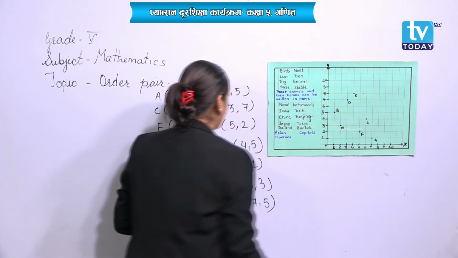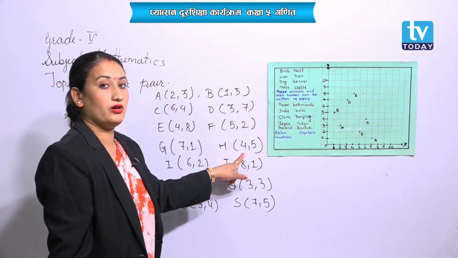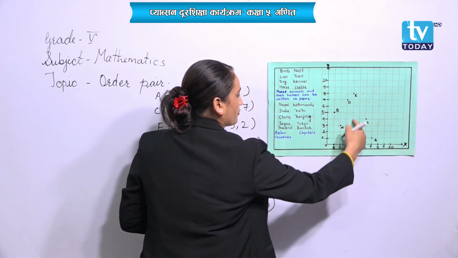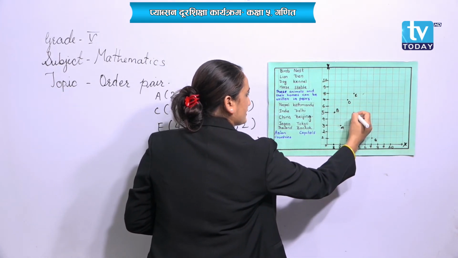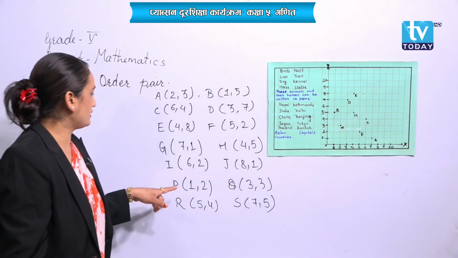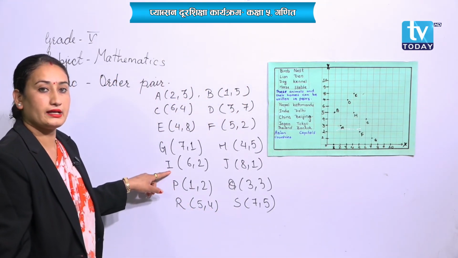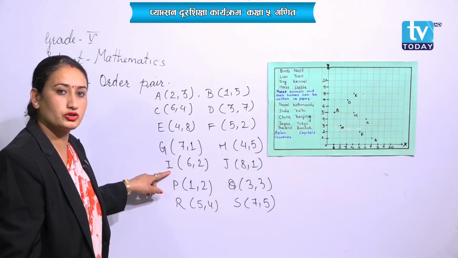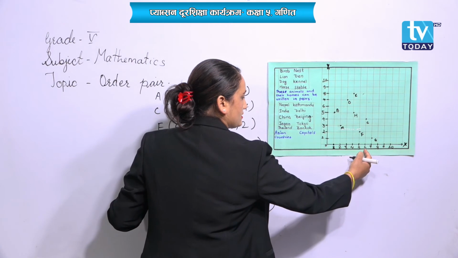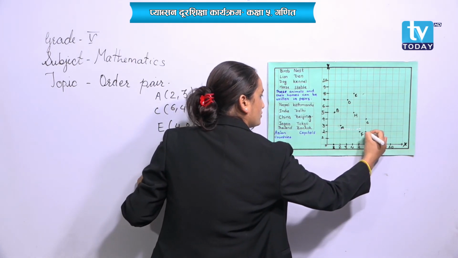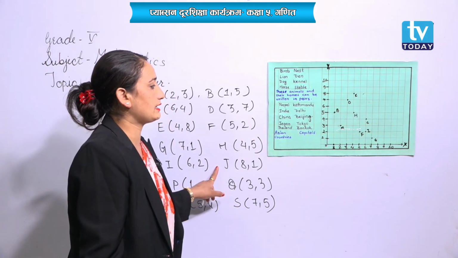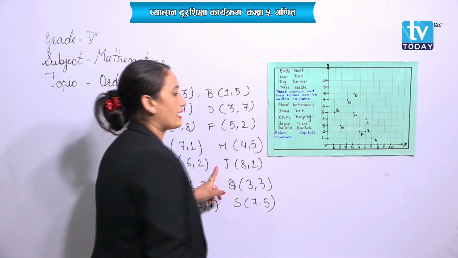G. Now then (4, 5). (4, 5). Where is it? Here. Write down H. Done. Then after, I, it's (6, 2). So let's go on this side. 6, 2. I. Then after, J, (8, 1).